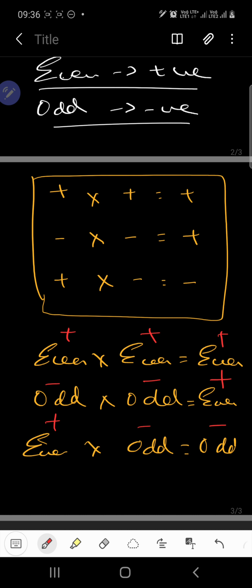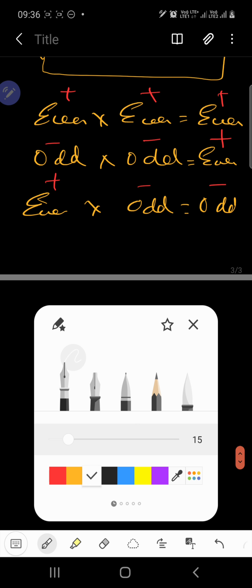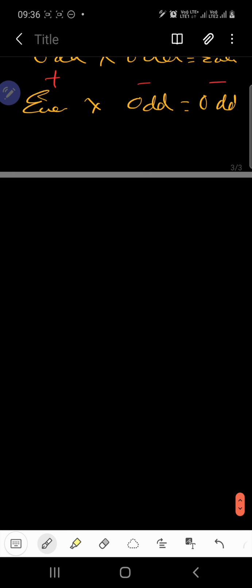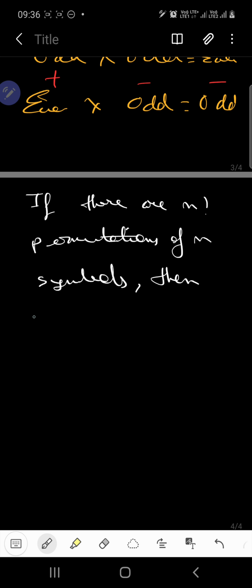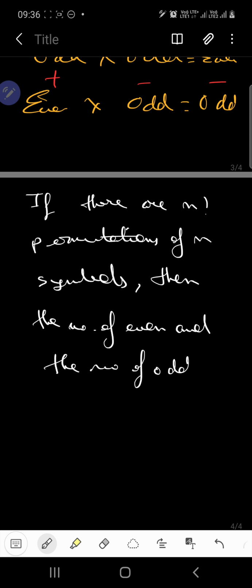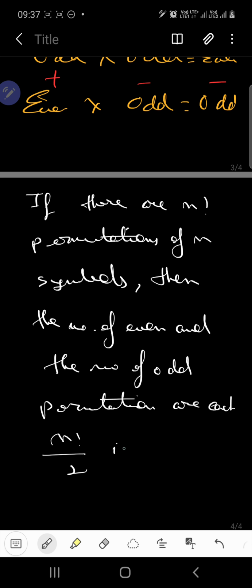Okay. So there is one more fact about even and odd permutations. It says that if there are n factorial permutations of n symbols, then the number of even and the number of odd permutations are each n factorial over 2 in number.